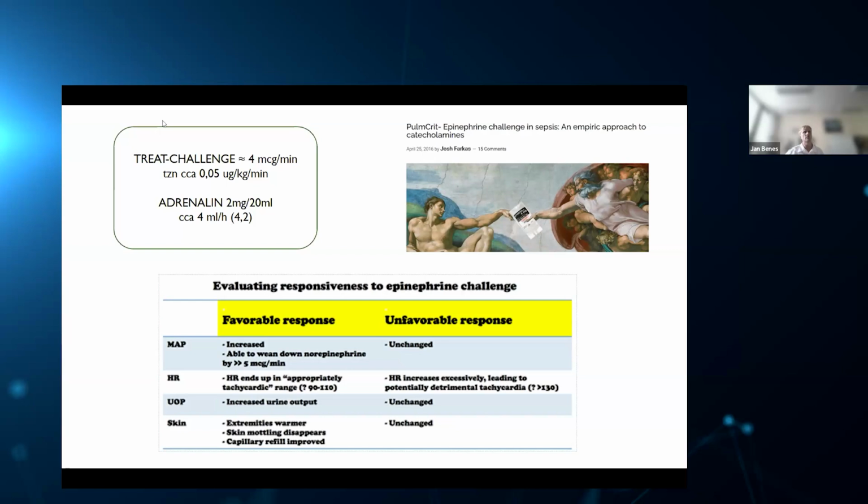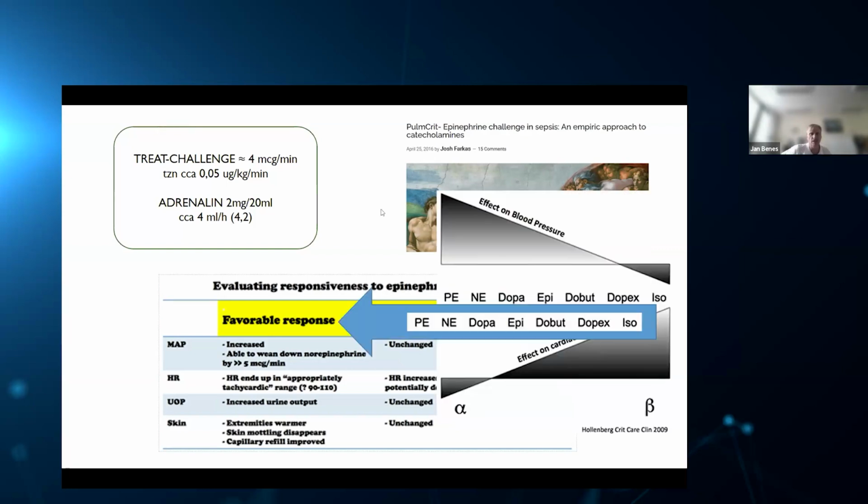do recommend to try to add adrenaline in this moment because, especially in patients who are on previous beta blockade, norepinephrine may act more like phenylephrine. So the line of the catecholamine mimetics may be shifted to the left.